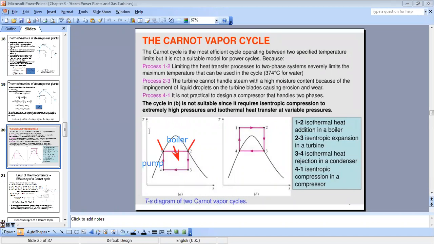So this means that I have a change of phase from 0% vapor to 100% vapor. So I am heating my water, and this will give me energy.